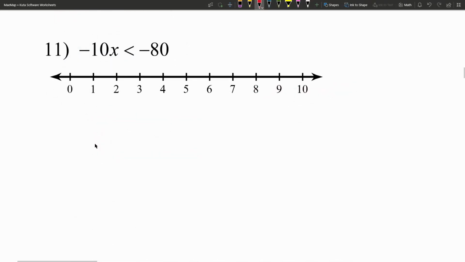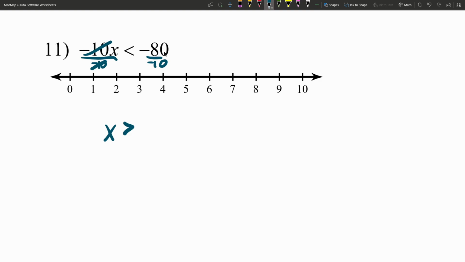Number 11, negative 10x is less than negative 80. In order to isolate x, we're going to divide by what it's multiplied by, which is negative 10. Negative 10 divided by negative 10 is a positive 1, so I get that x is, now what do we do? We divided by a negative, so we need to switch this inequality from a less than to a greater than.